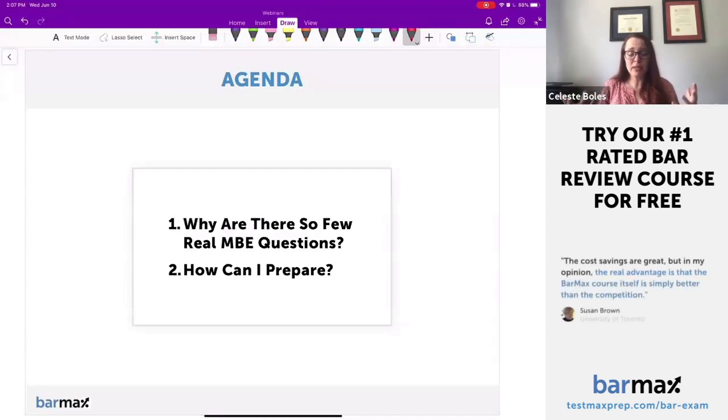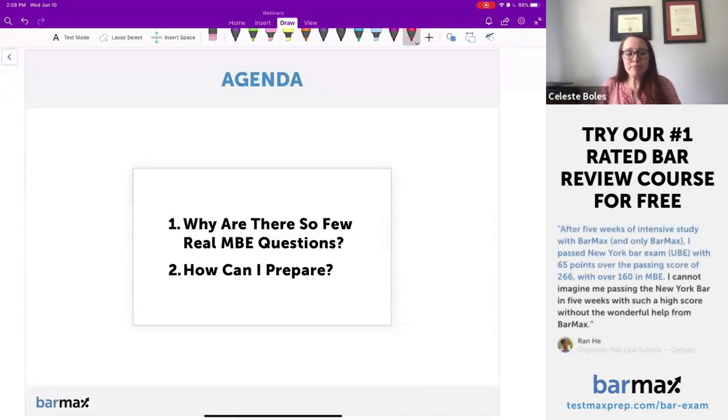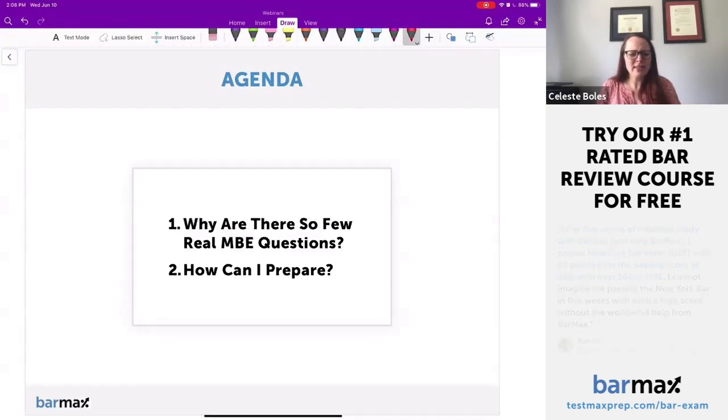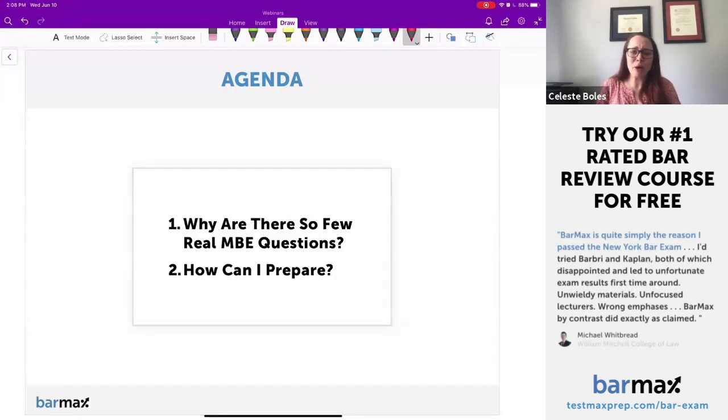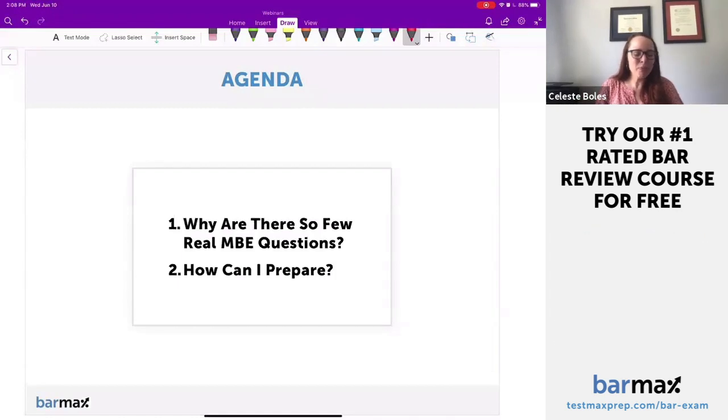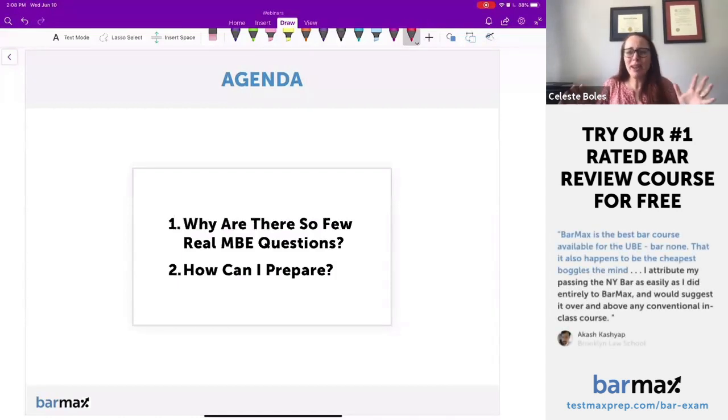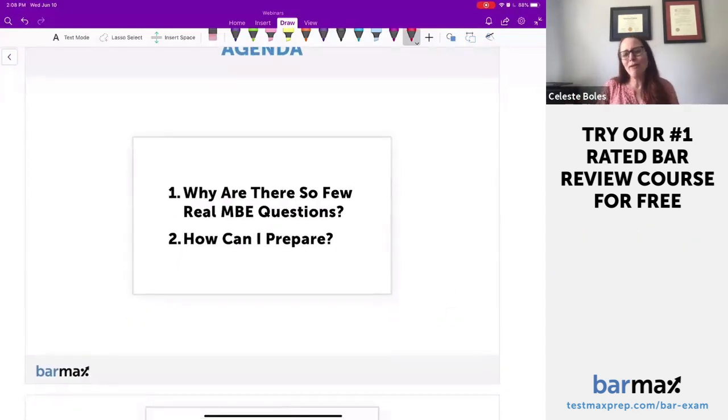Sometimes if your Zoom isn't working through Zoom, you can use your telephone app, your phone call app itself, and just call the number. But if you do that, you'll be able to hear on your phone and see on your computer. So you could try that. Wait, I'm saying all this for the people who can't hear. That's not helpful. Maybe one of our BarMax reps can type that into the chat comments and give people help that way. Anyway, I'm hoping enough of you can hear that this is helpful. And if your audio is in and out, we do have the replay.